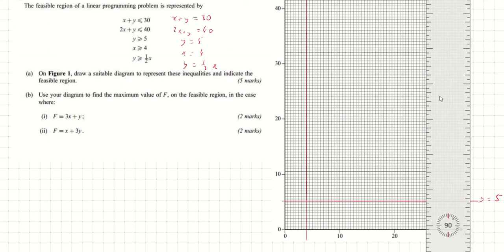Okay. So this is x equals 4, because it passes through 4 here, and this one's 5 here. So this is the line x equals 4. And then we've got the trickier ones.